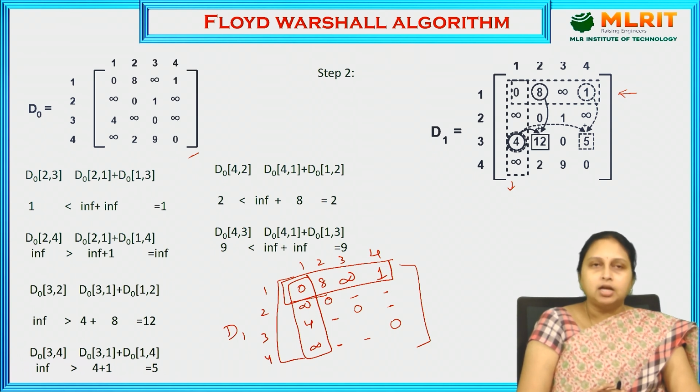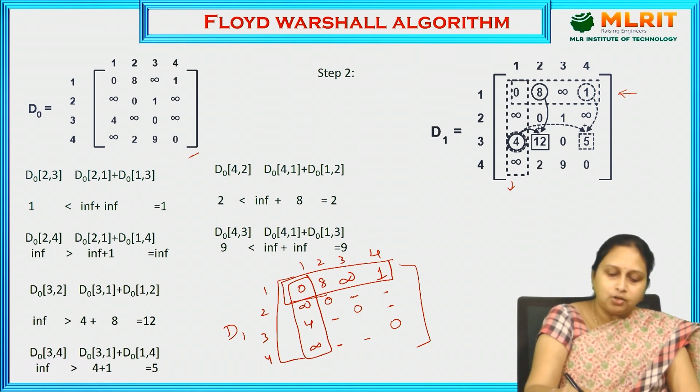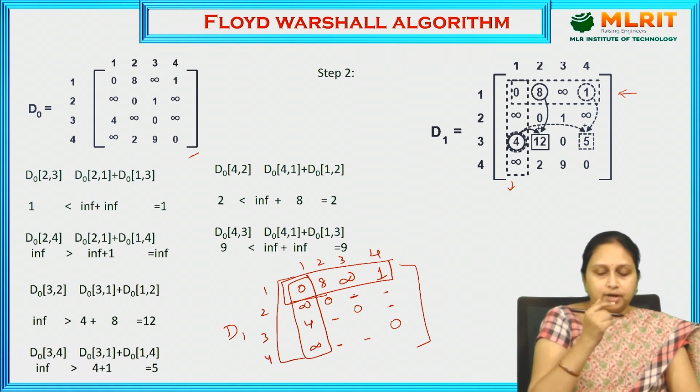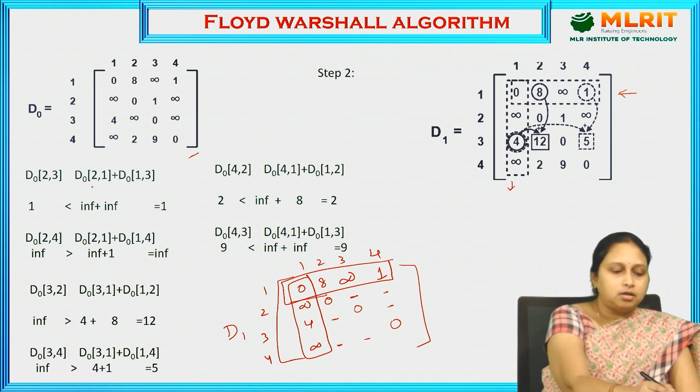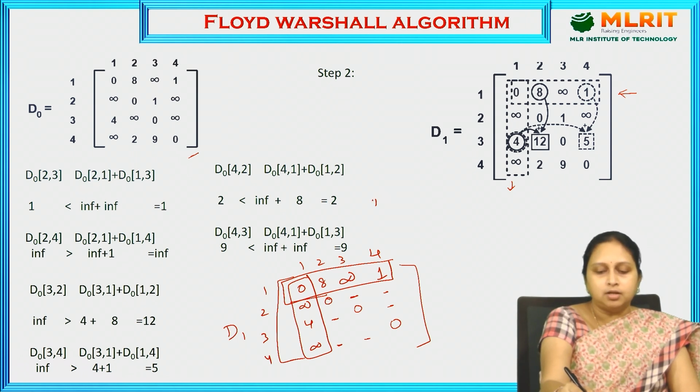Now, you see, D0 of 2,3. I need to find this value. D0 of 2,3 can be written as D0 of 2,1 and D0 of 1,3. Why?